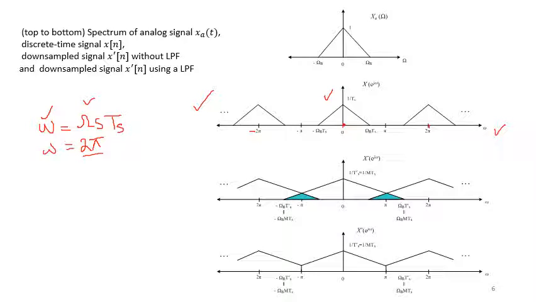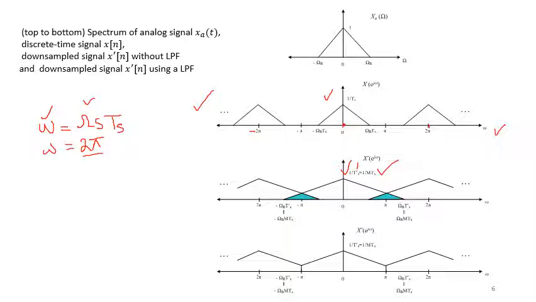So if you look at that equation, you can easily see that previously it was 1 by ts, now, because we have downsampled it by a factor of m, this is your 1 by ts prime. So 1 by ts prime equals 1 by m ts. So that's the scaling in amplitude that is happening, right?